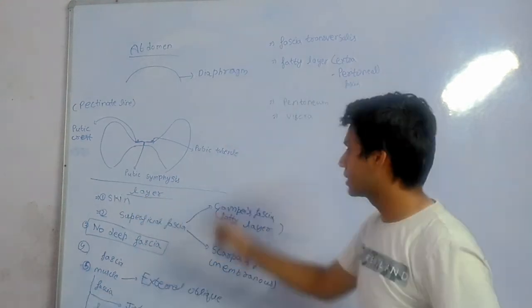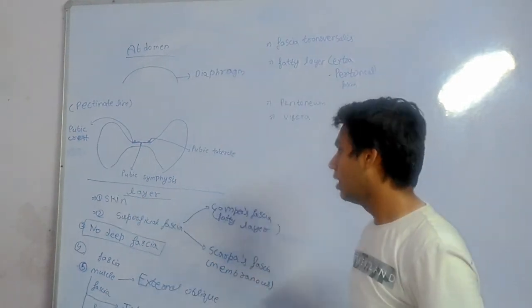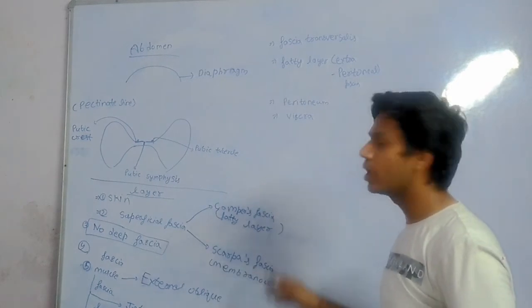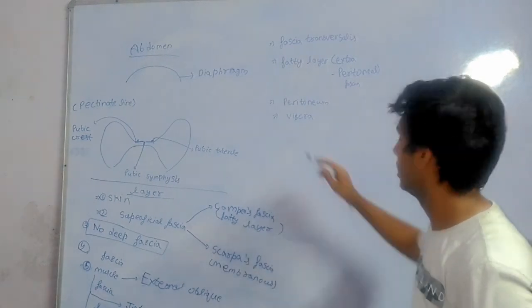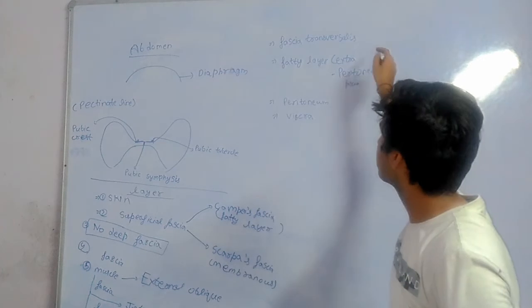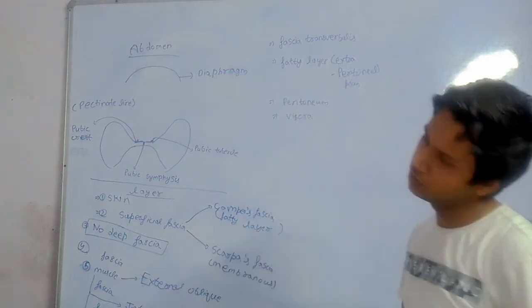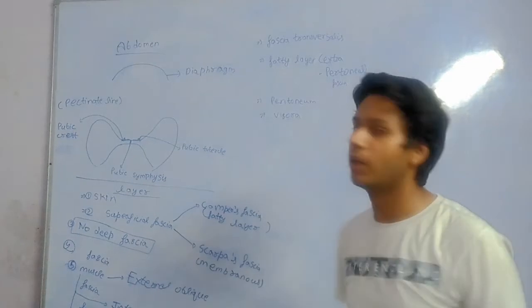From outside: skin, superficial fascia, then muscle, external oblique, again fascia, internal oblique, again fascia, transverse abdominis. These three are muscles. Then fascia transversalis, fatty layer, extraperitoneal, peritoneum, then viscera. So these are basically the layers of abdomen.